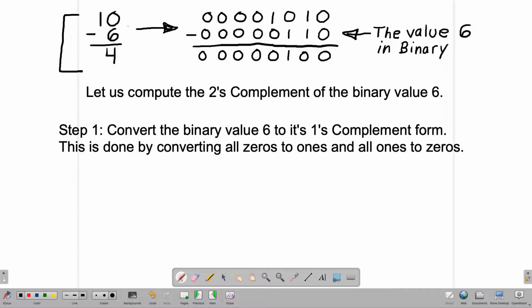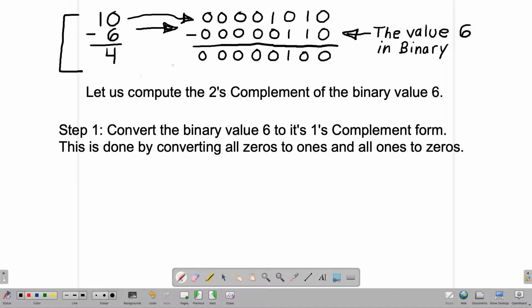So we mentioned that the value 10 converted to binary produces the value 00001010, and we want to subtract the value 6, which is the binary value 00000110, and of course that's going to produce the value 4, which is 00000100.